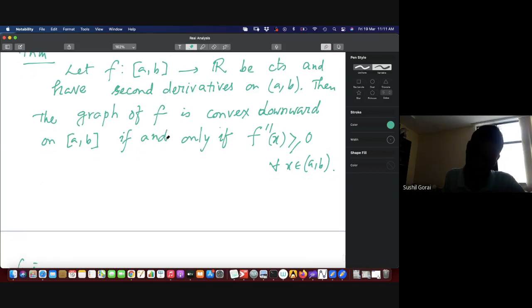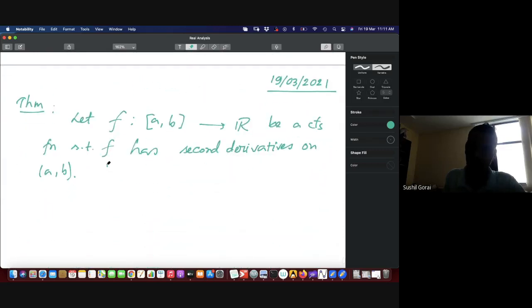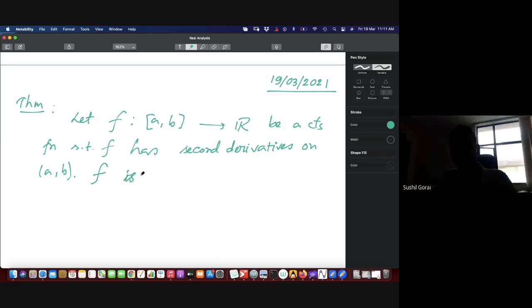We would like to write f is convex. Convex is a very standard terminology, and it is true in high dimension as well. And the notion of convexity plays a very important role in high dimension.